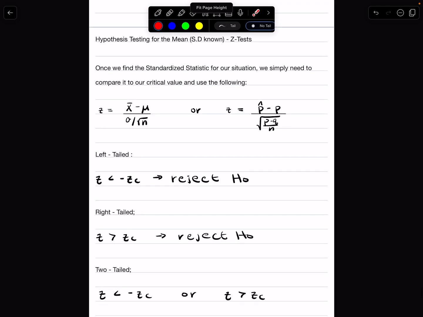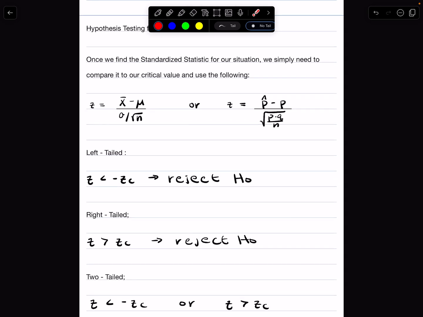Well, before I can actually perform a hypothesis test, first I need to know how to find a z-score. For the situations we're going to be doing today, it's going to be z is equal to x bar, which is sample mean, minus mu, the population mean. I'd highly suggest if you do not know those symbols already, you write that down.